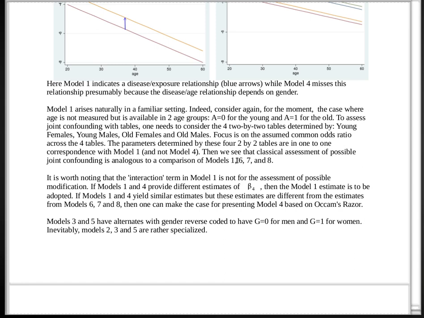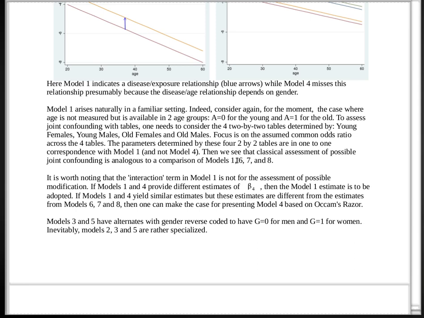It's worth noting that the interaction term in Model 1 is not for the assessment of modification. Okay? If models 1 and 4 provide different estimates of beta 4, then Model 1 is to be adopted. And notice the issues here involve confounding, not modification. I hope what I've written is actually clearer than what I've muddled through in my last remarks here. But here's an instance in which an interaction term is used to assess confounding issues. Okay.